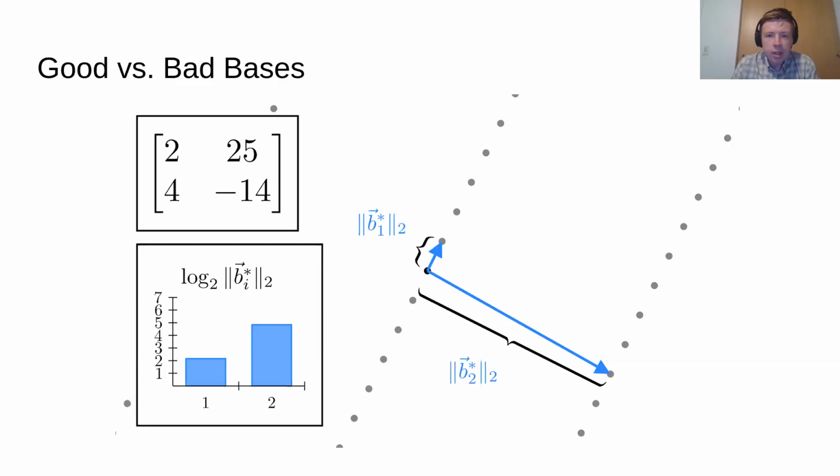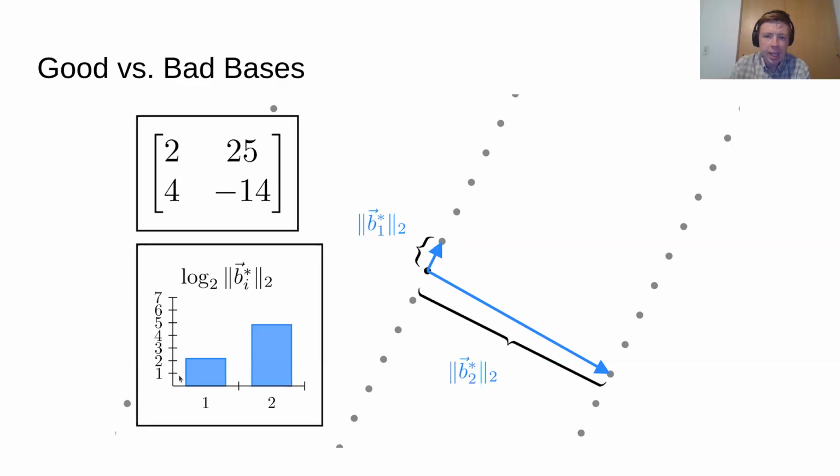Now, this has just been a two-dimensional example, but we can easily generalize this to multiple dimensions. In n dimensions, where we have a rank n lattice with n linearly independent vectors in the basis, we can do this Gram-Schmidt process to dimension n, get n orthogonal vectors, plot the log lengths of these n vectors, and then we'll have this diagram with n different bars in it.